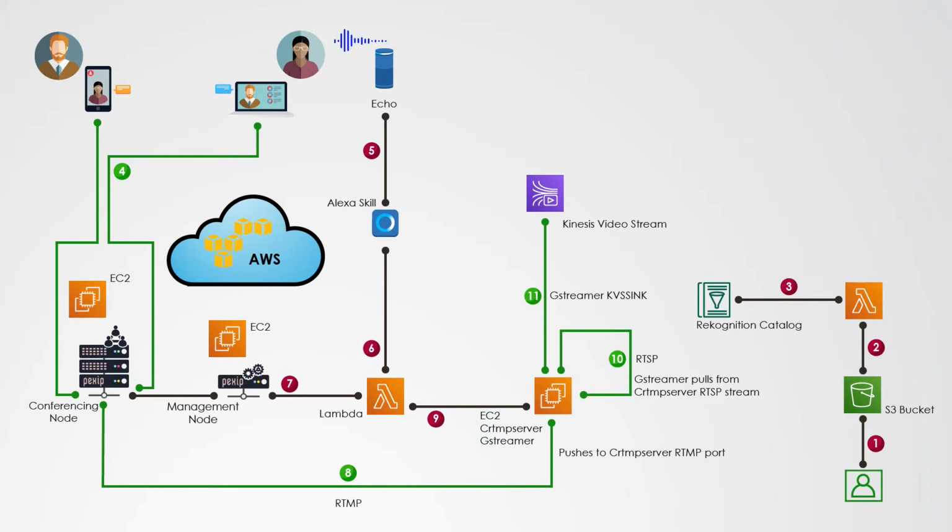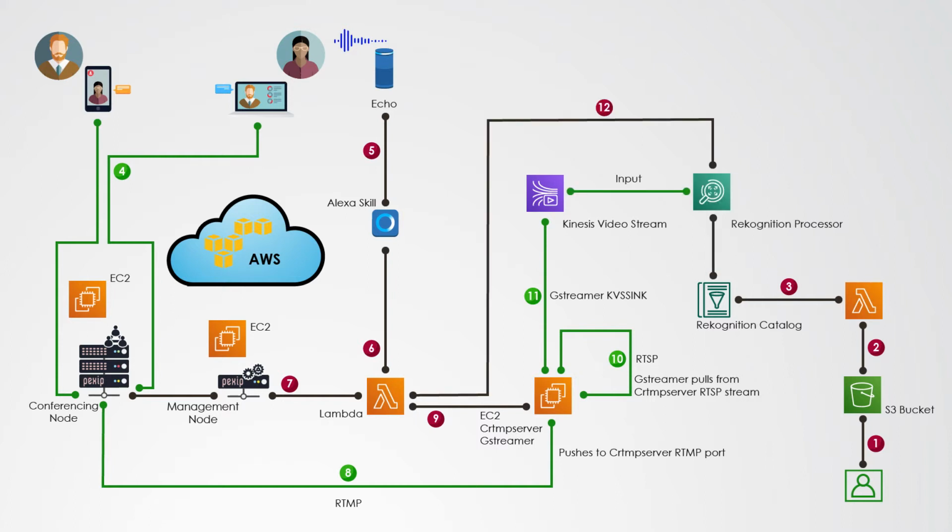The GStreamer application is set to use the KVS plugin to send the video out to KVS. Back to the Lambda function, as the media is finally being streamed from the Pexip Infinity server to Kinesis video stream, it then launches the recognition processor, which will perform the face recognition.